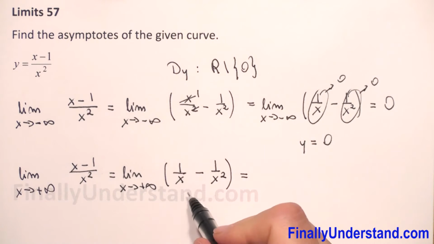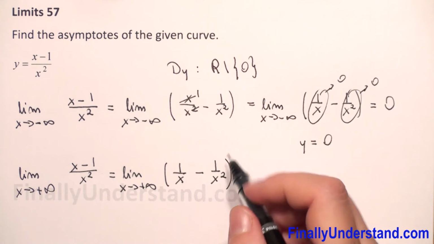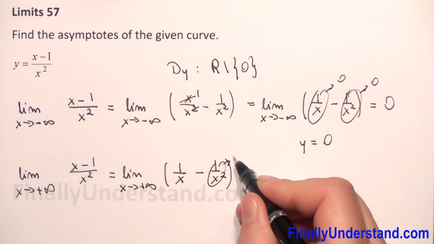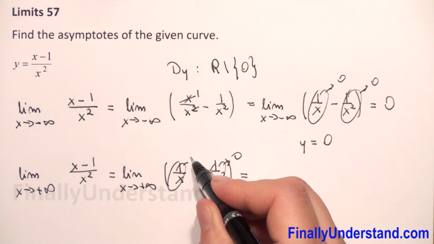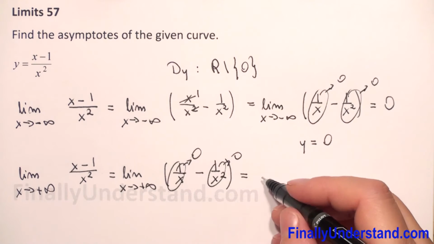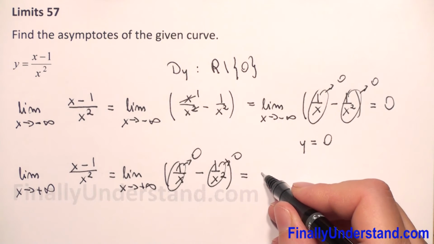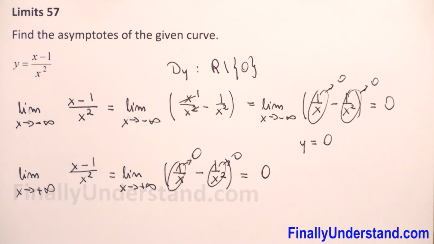This is equal to 0 because 1 over a positive very large number is going to 0, and 1 over a positive very large number squared is still a very large number. So this is going to 0 and this is going to 0. So the limit as x approaches positive infinity equals 0.